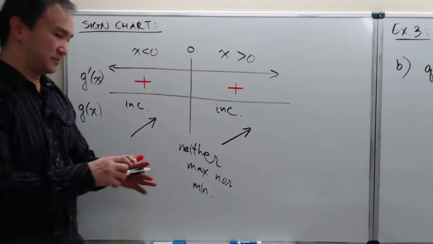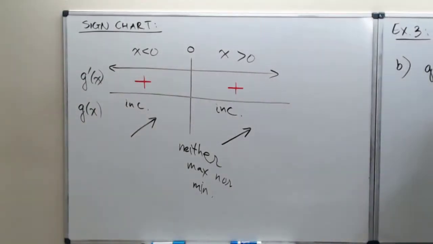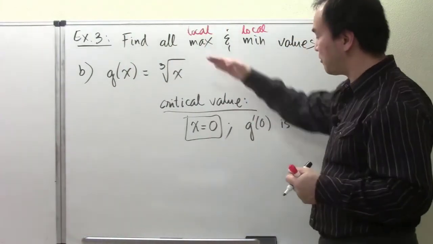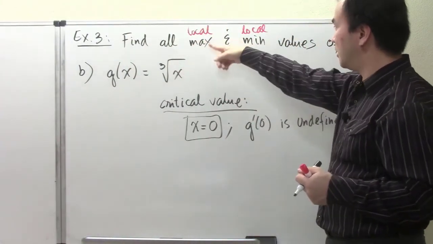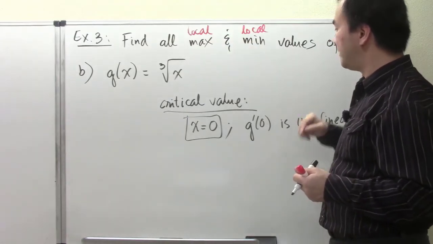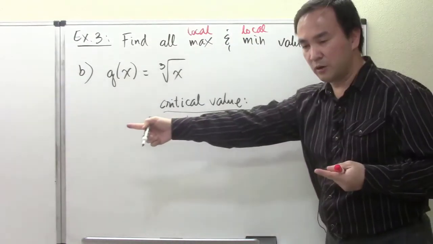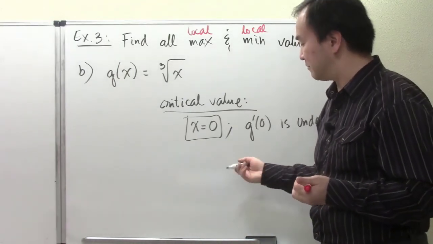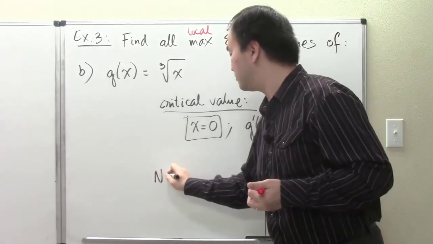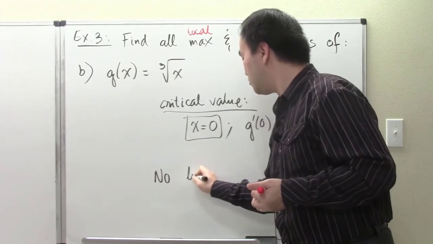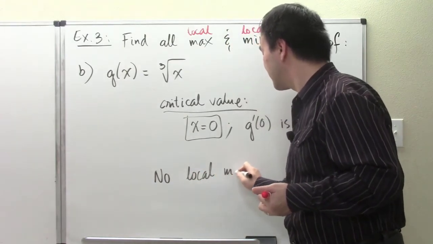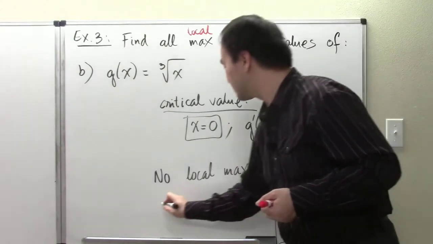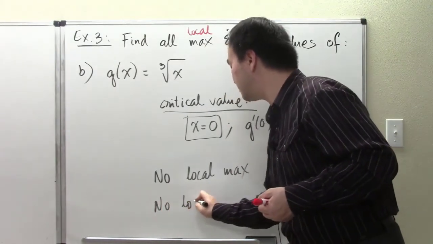So in this case, how do we conclude our final answer? The question asks to find all local maximum and local minimum values, and our only critical value fails to be either a maximum or minimum. Then we just say we have no local maximum and no local minimum.